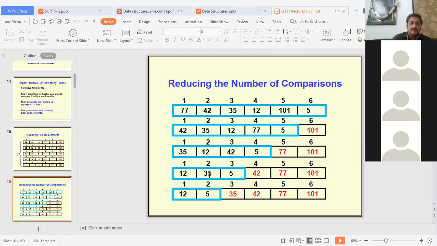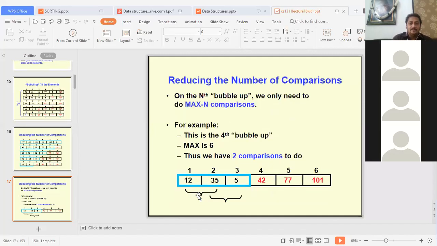So after placing each biggest element in its right position, the number of comparisons reduces. Initially with 5 comparisons the biggest element is in the right position, then with 4 comparisons the second biggest element, then with 3 comparisons the third biggest, then 2, and here only 1 comparison. Is it clear? That is what reducing the number of comparisons means.